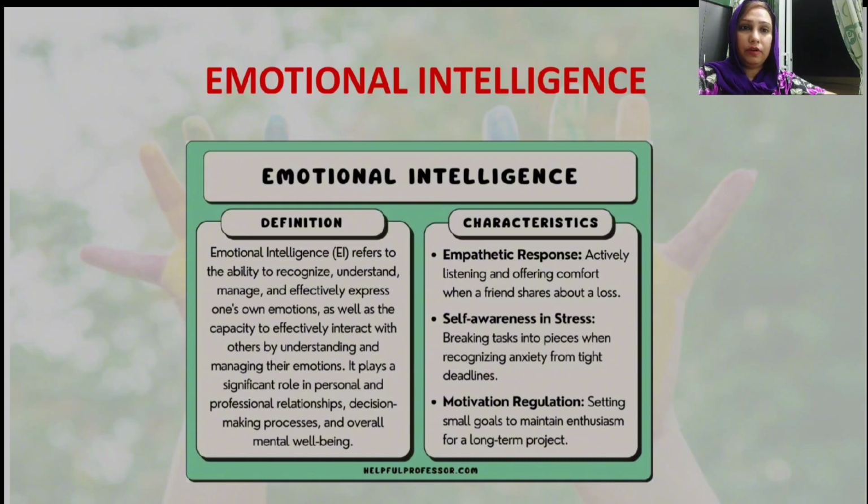So when we talk about emotional intelligence, it has a range of benefits. Chief among these are the social skills required to build positive relationships, effective leadership skills, and personal development.